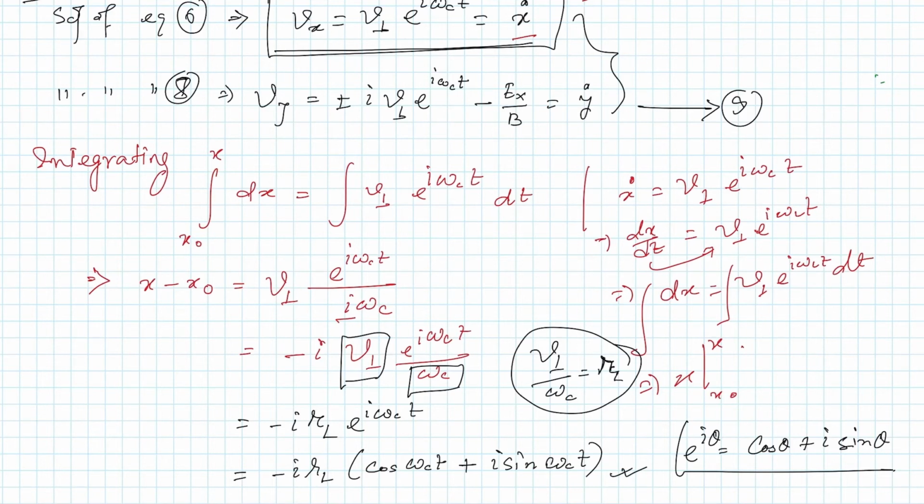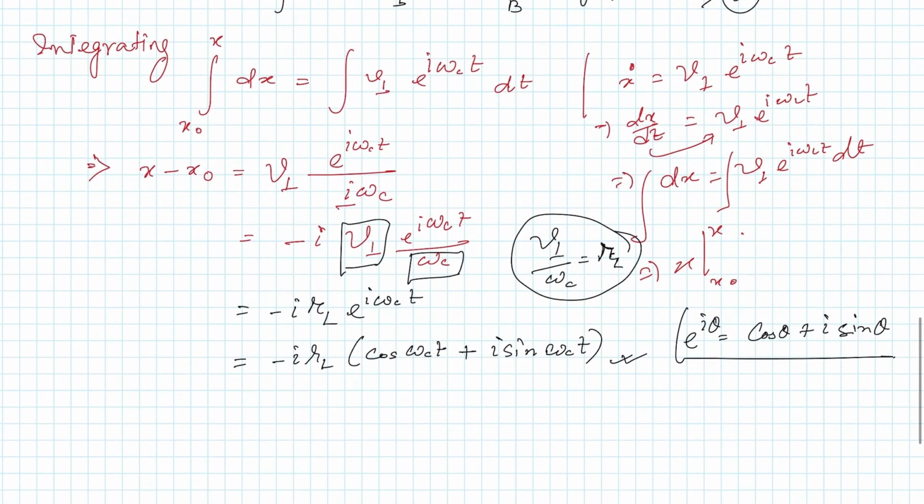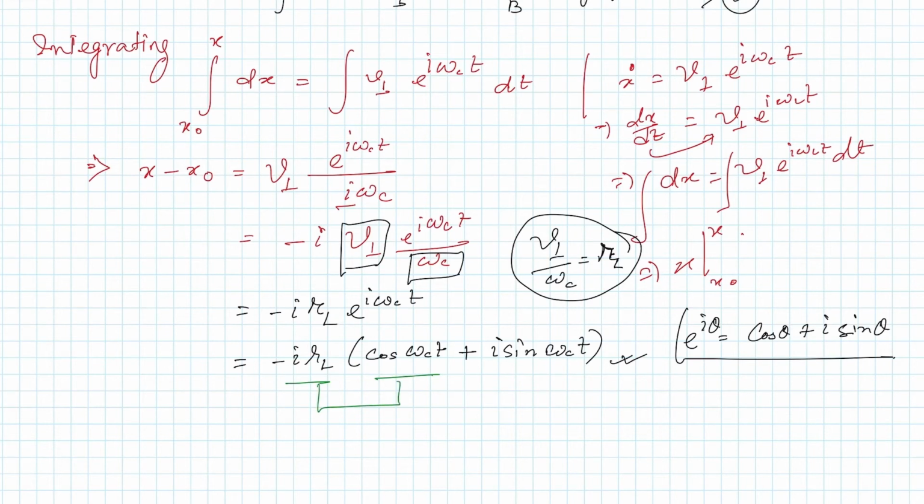So here we need to take the real part only, not the imaginary. If you multiply this one with this one, this part will be imaginary, and this one with i R L, i will again be minus 1, minus minus is positive, so the product will be the real part.